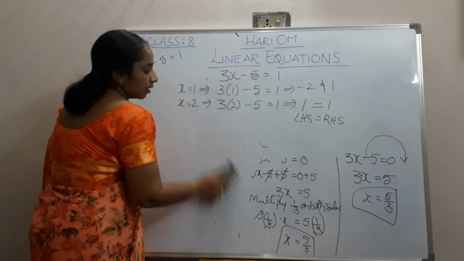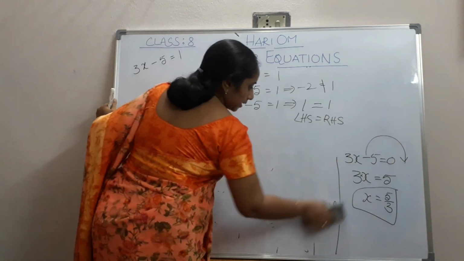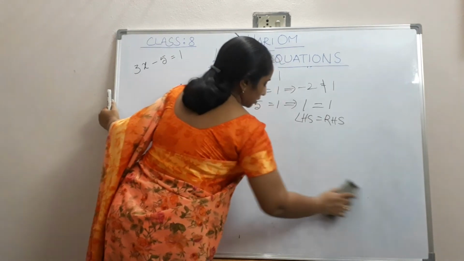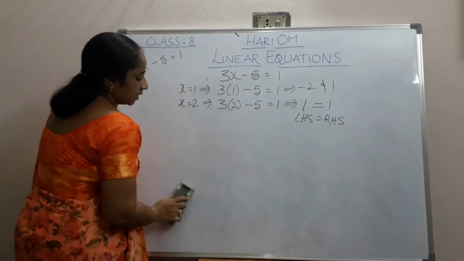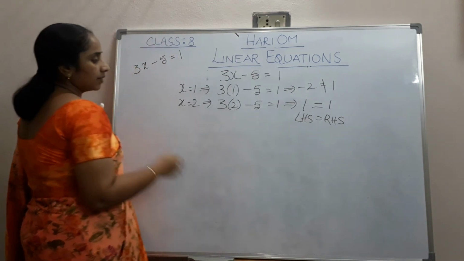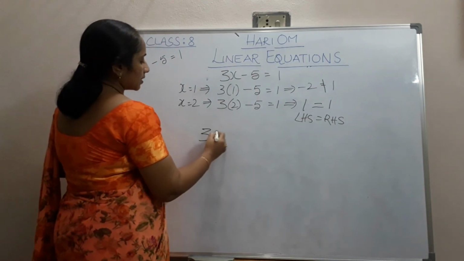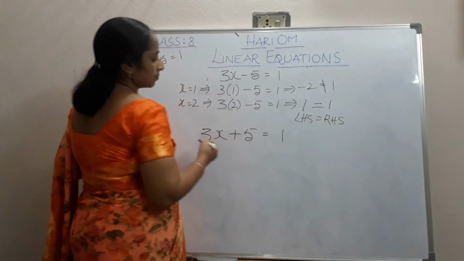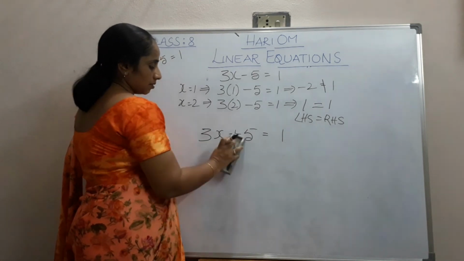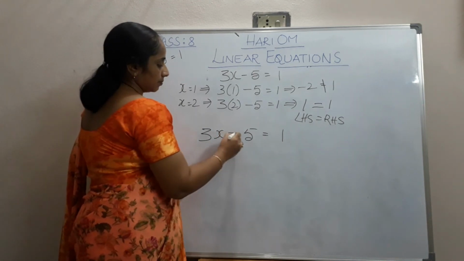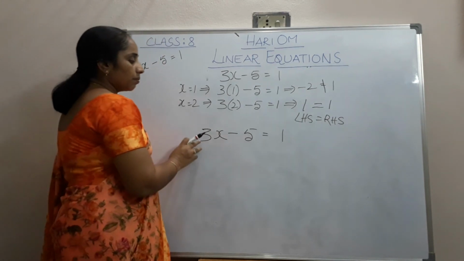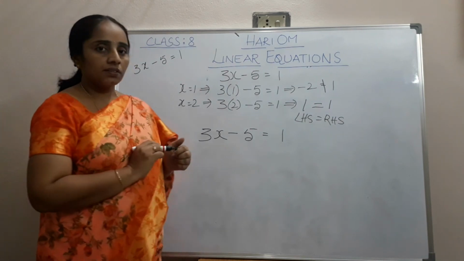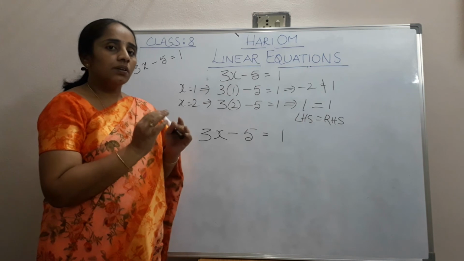Before going to discuss the transposition method, a few points I will discuss with you. From these important points only we can solve easily. Here I am taking 3x minus 5 is equal to 1. Before solving an equation we have to follow some rules.